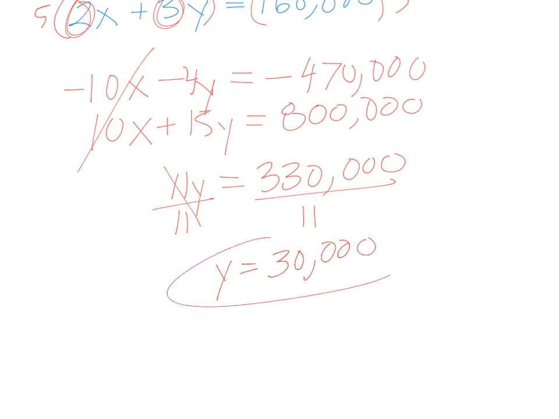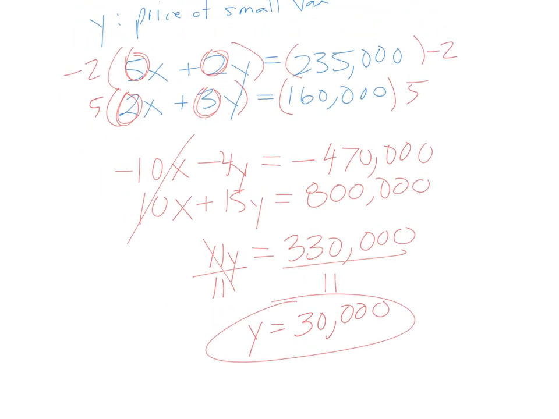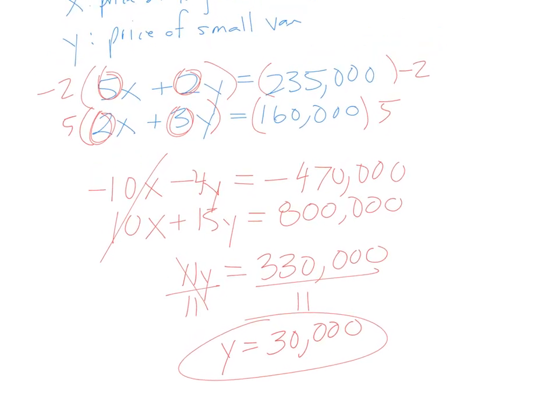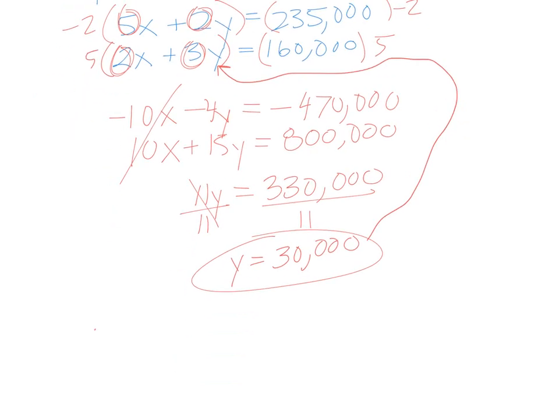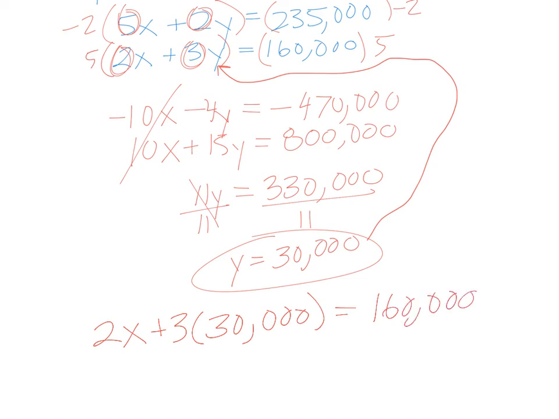Now in order to figure out x, I simply take this y value, and I could plug it in, say, to the blue equation here. So I would end up with 2x plus 3 times 30,000 equals 160,000. I'm just using the original equation I constructed.